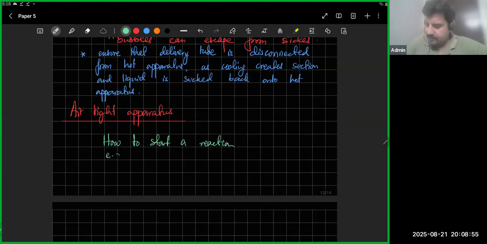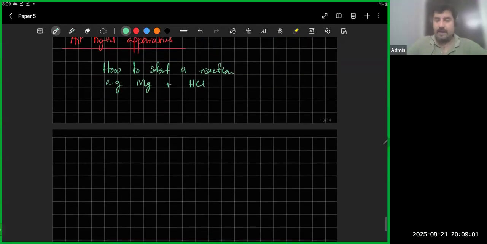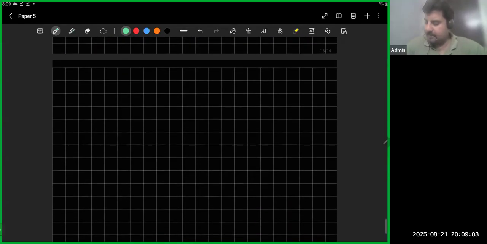For example, if I want to react magnesium with HCl, what needs to happen? How do we keep the apparatus airtight? Let's say I've got a piece of Mg and I have to collect hydrogen gas that's going to be produced.